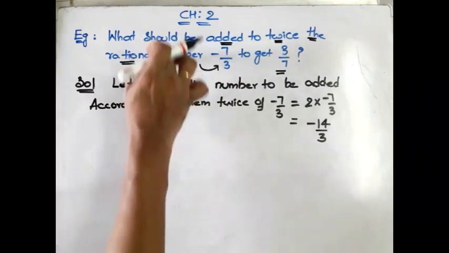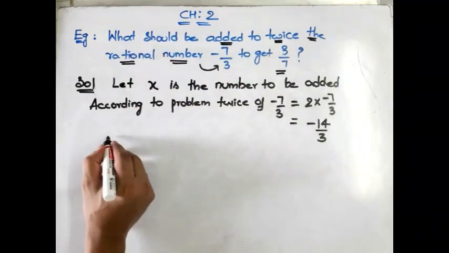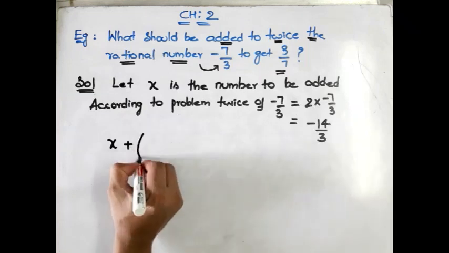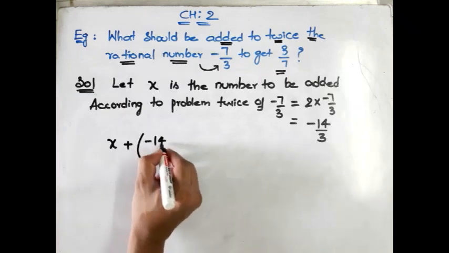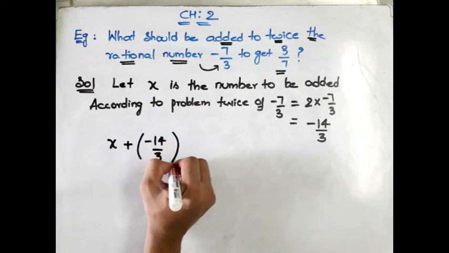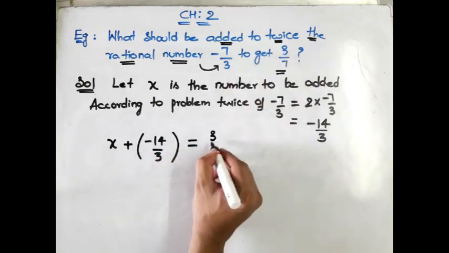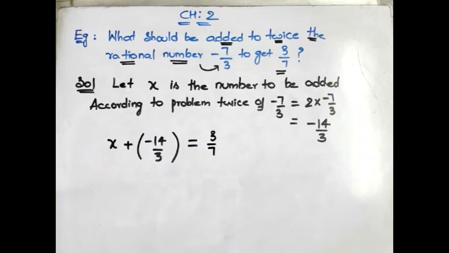Now what should be added to it? We took that as x. Therefore x plus minus 14 by 3 is equal to 3 by 7. Okay.